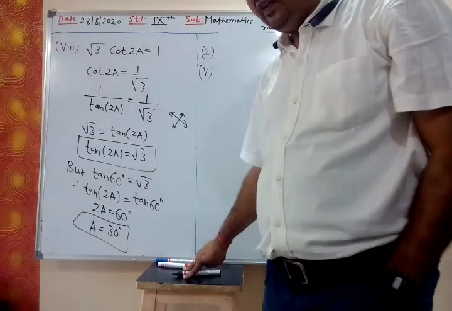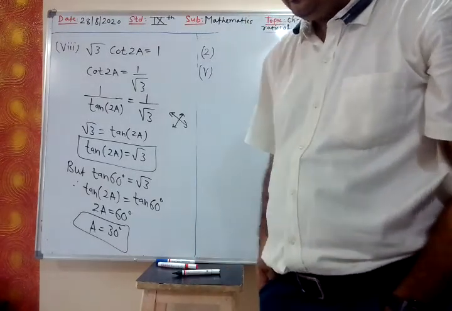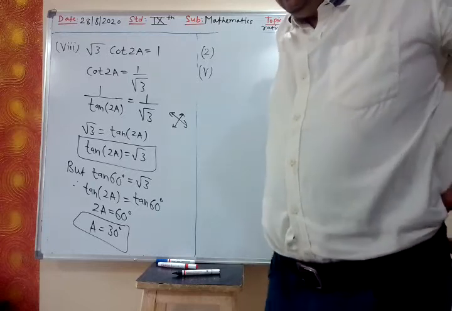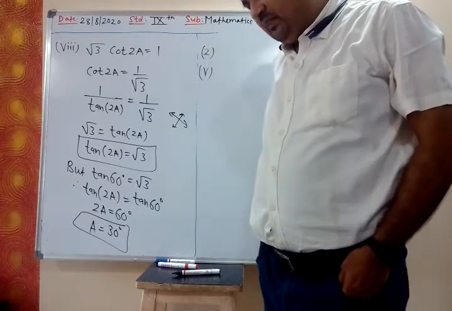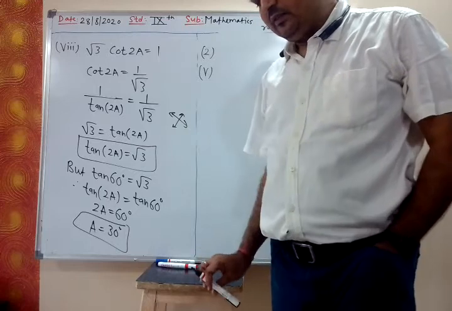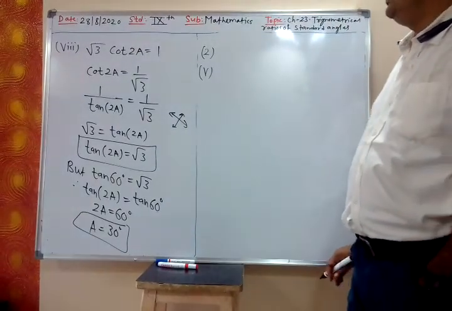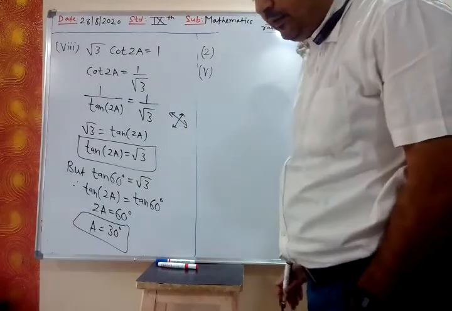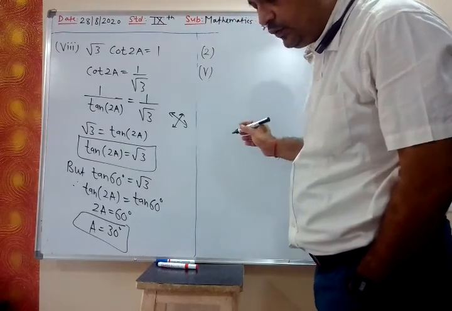No, we did not do the first. We did the second. 2 cos 2a is 1. Are you getting? 2 cos 2a is 1. That we did. Right? Now fifth one, second, fifth. Cosec 2a.